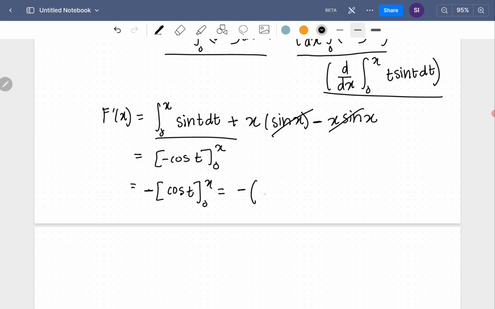We get minus cos of x minus cos of 0. And then we know that cos of 0 is 1, so that's where we get the 1. Let's simplify this, so we get minus cos x plus 1. And that is our answer.